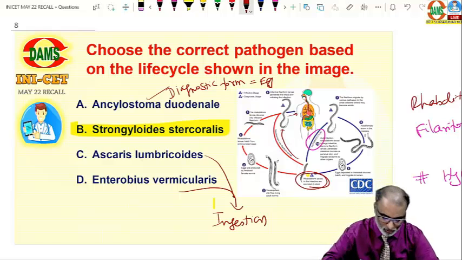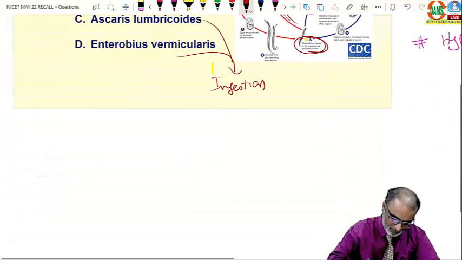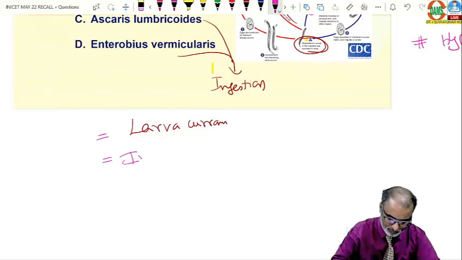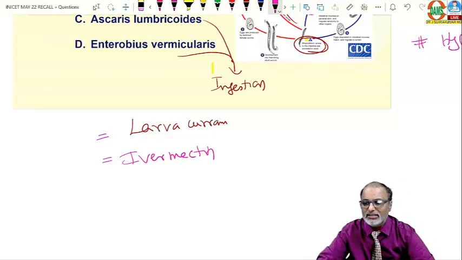It causes larva currens. And the treatment is usually ivermectin.